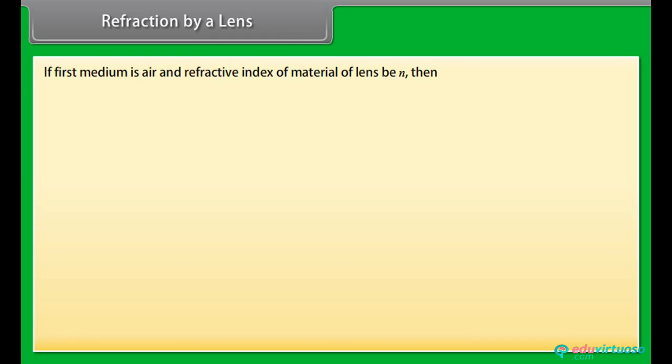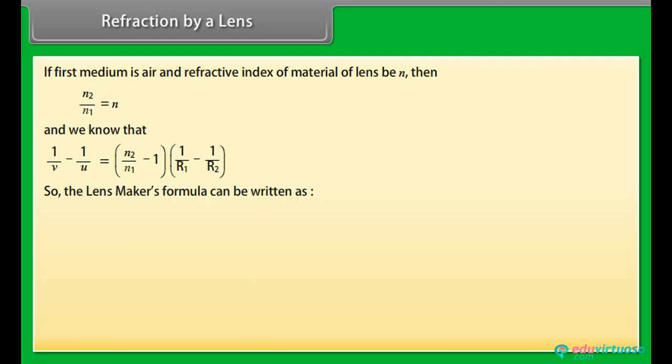If the first medium is air and refractive index of material of lens be n, then N2 upon N1 is equal to n. And we know that. So the lens maker's formula can be written as, this is called thin lens formula.